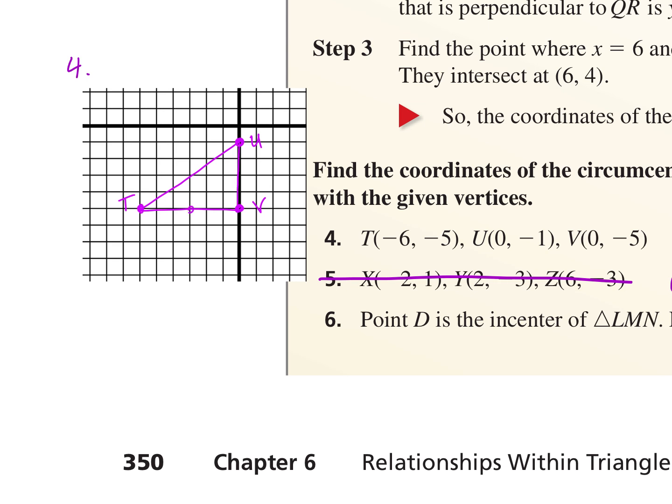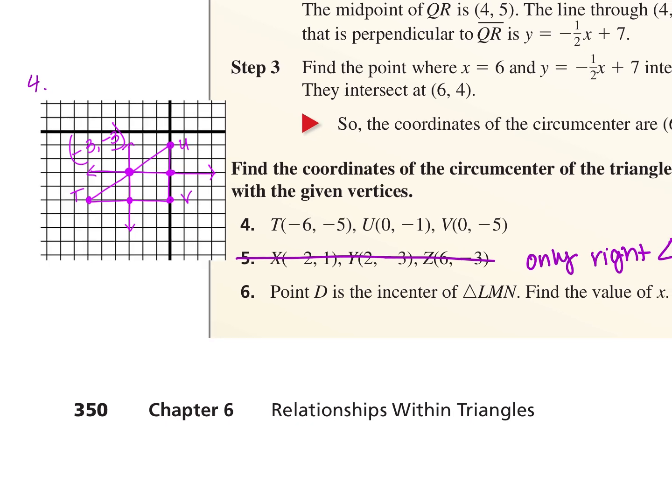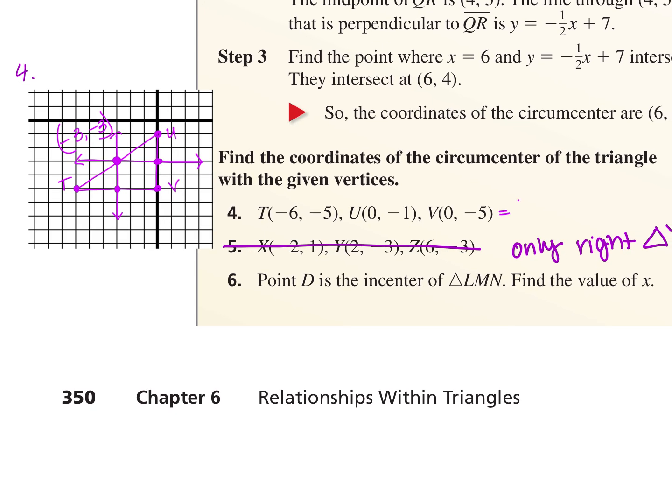That has to deal with your perpendicular bisectors. So this is bisecting my segment and it's perpendicular, and this is my midpoint. That's where it's bisecting, and that is perpendicular. When you're looking at it, it is intersecting at this point right here, which is -3, -3. So your answer for number 4 is -3, -3.